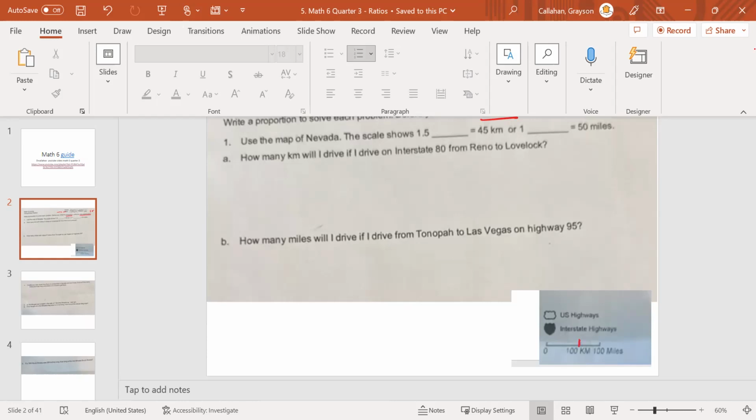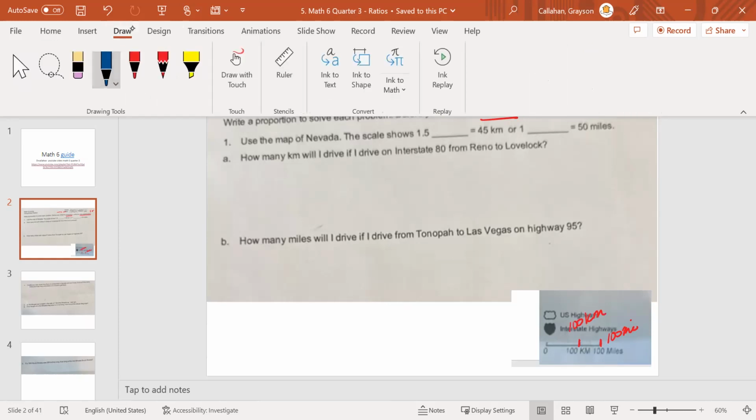Do you see that? This right here is 100 miles. This is 100 kilometers. So if it's asking you for 45 kilometers, 45 kilometers would be right there, right? This will be 45 because halfway. So 45 kilometers equals 1.5 what?